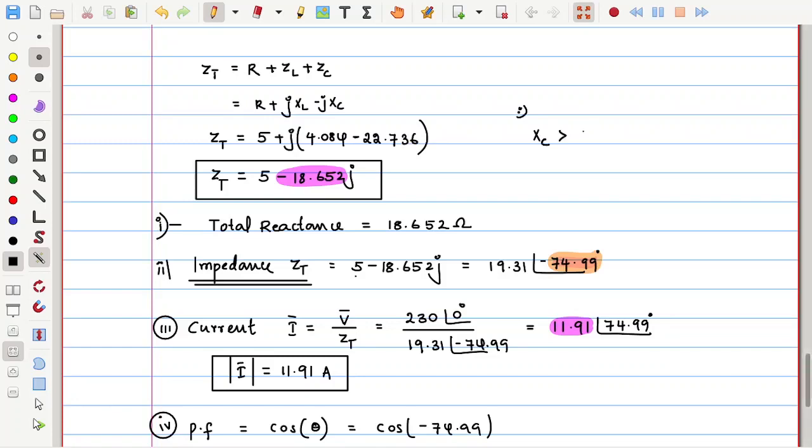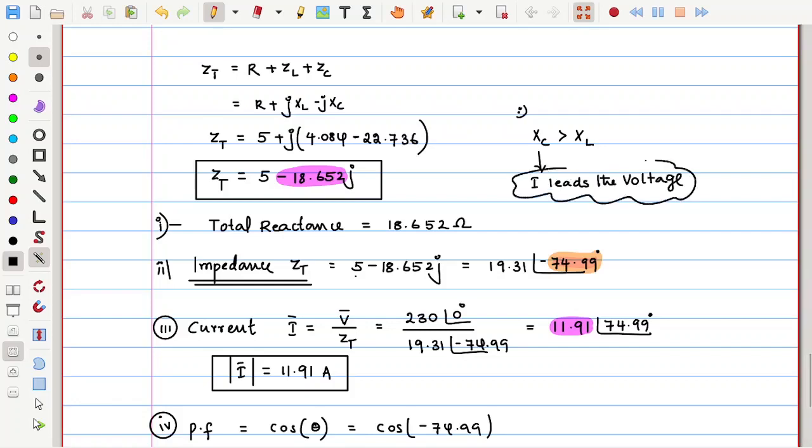XC is more than XL, and that means the capacitive nature is dominating. We have already seen previously that in case of capacitors, the current leads the voltage.